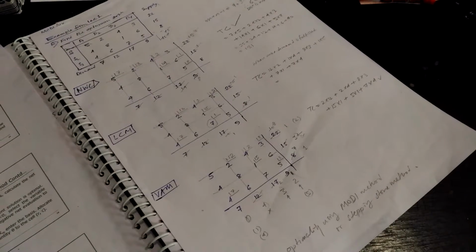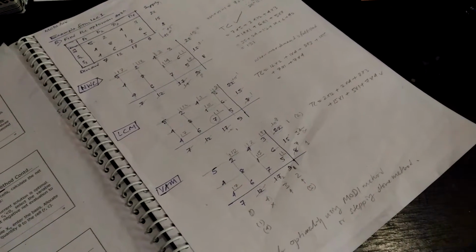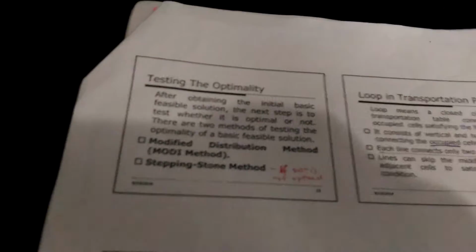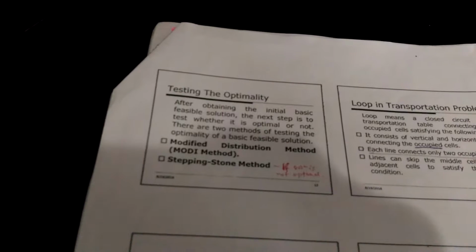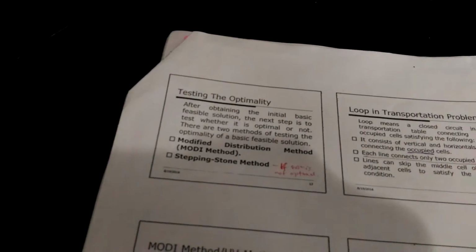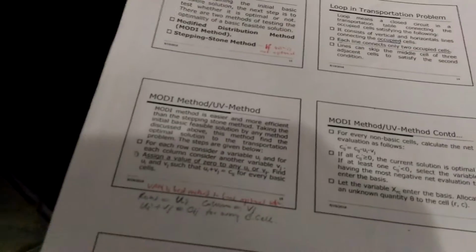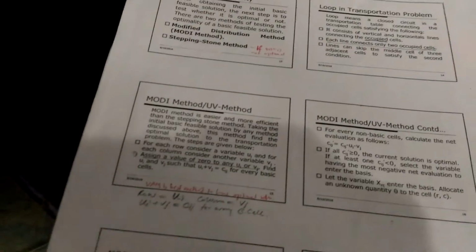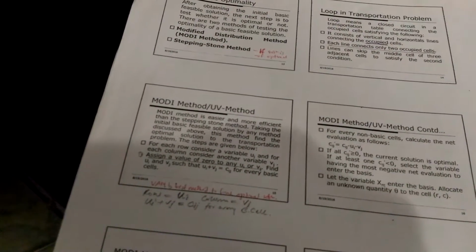So we can find the initial basic feasible solution using northwest corner method, least cost method, and Vogel's approximation method. Now we need to check the optimality. So after obtaining the initial basic feasible solution, the optimality can be tested by using MODI method, that is modified distribution method, or stepping stone method. So now in case of MODI method, we have to arbitrarily consider a variable ui and vj for each row and column.